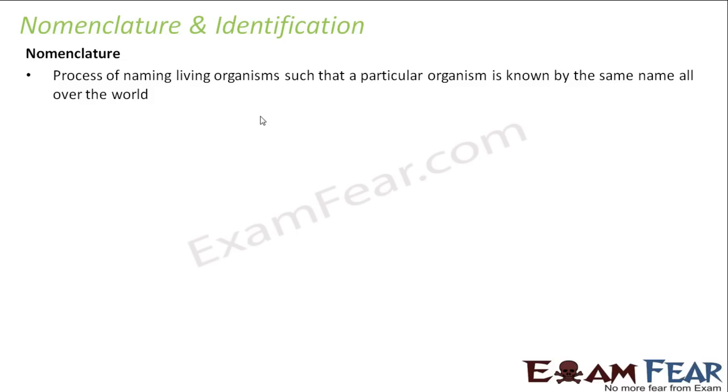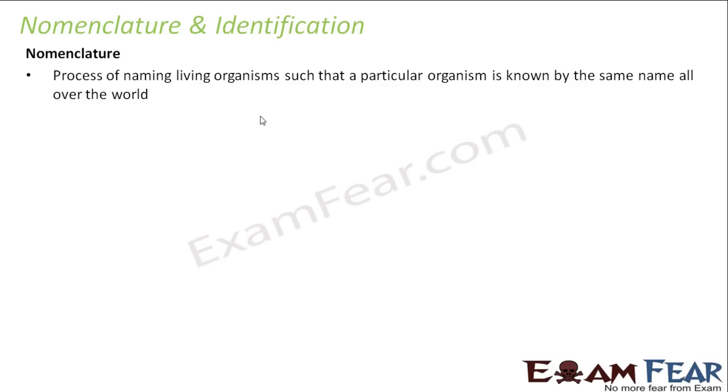That is why nomenclature came, so that each organism can be given a specific name which will be common throughout the world. Everybody would know which animal a particular name belongs to. So nomenclature came up to make the study of these many varieties of living organisms simple.